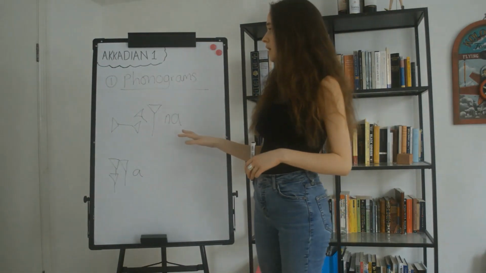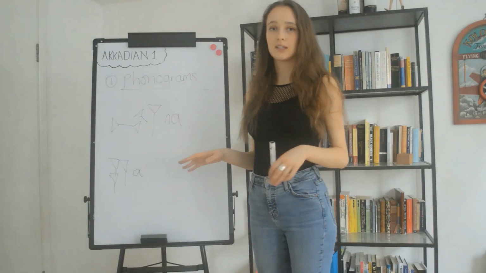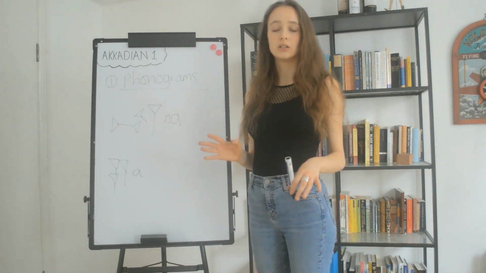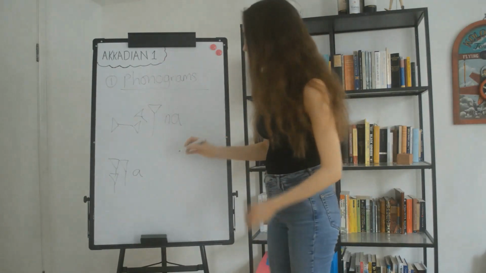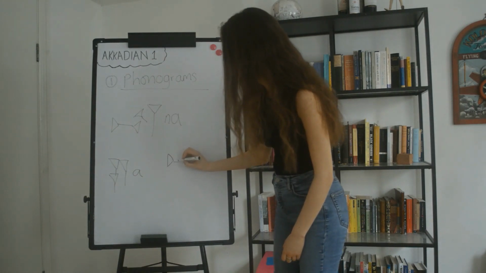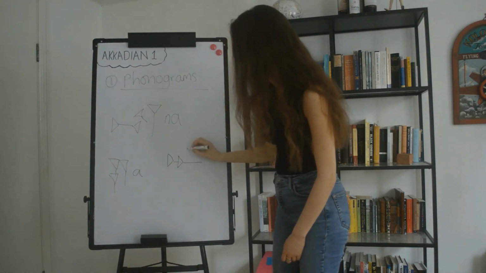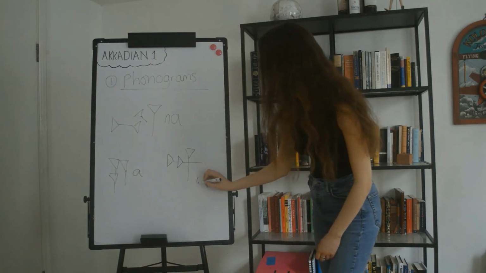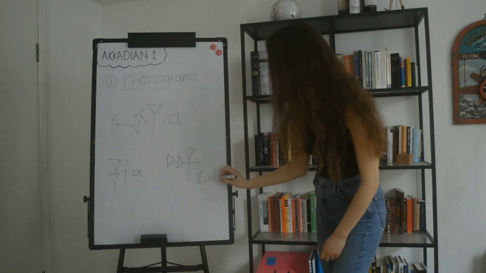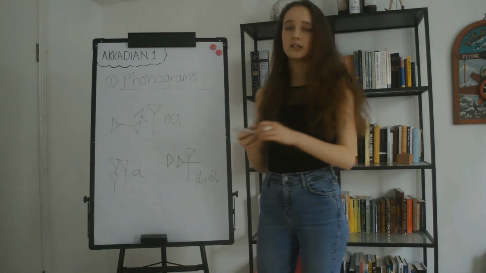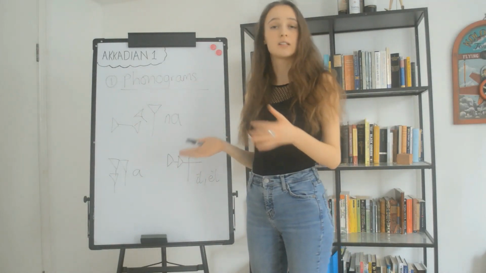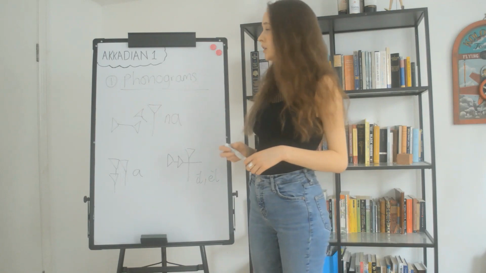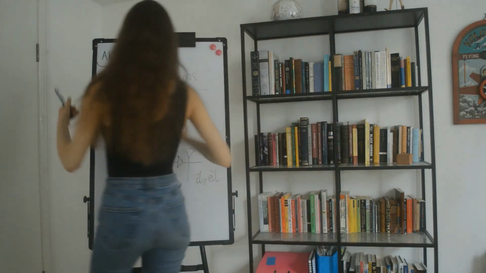One thing to note about phonograms is that each sign can have more than one potential phonetic value. So for example, this sign here, which you will see a lot, has two potential syllabic values. It could be eel or al. And it's up to you to decide as a translator in context which translation makes the most sense. So that's your first category.